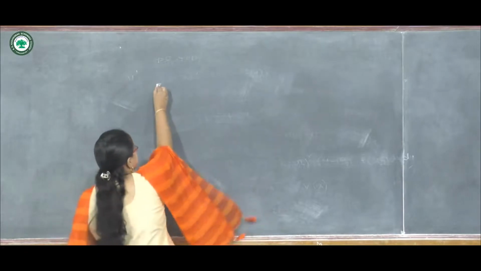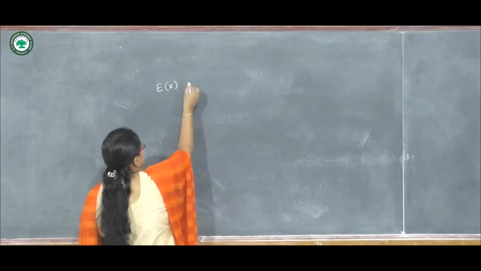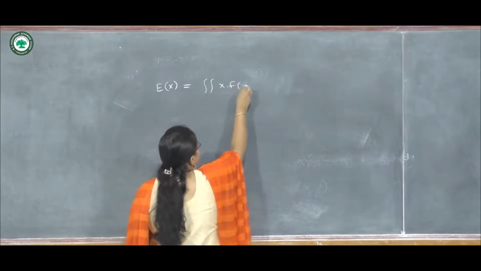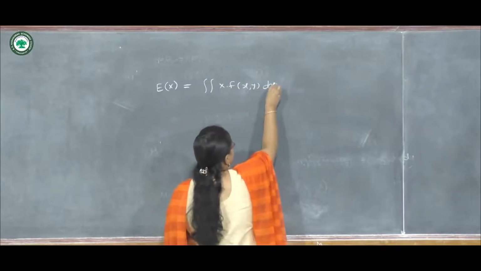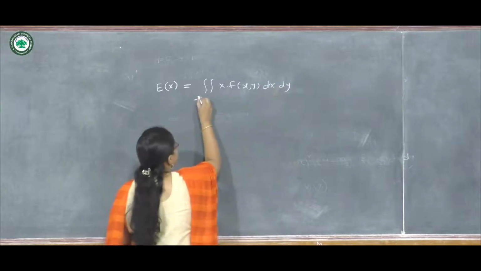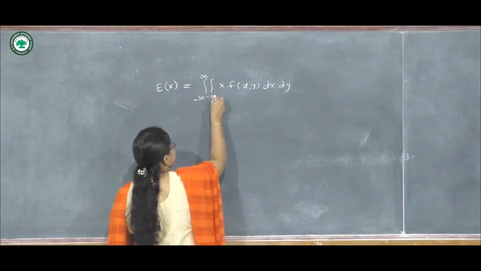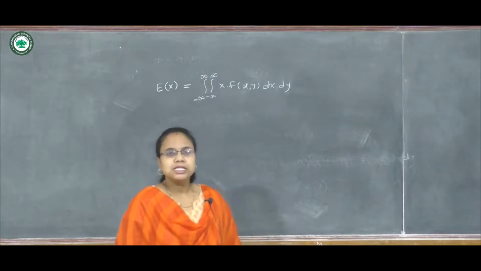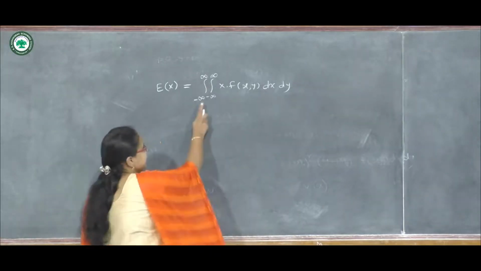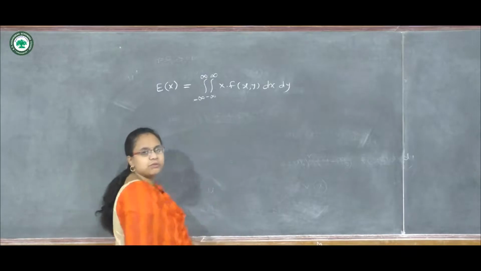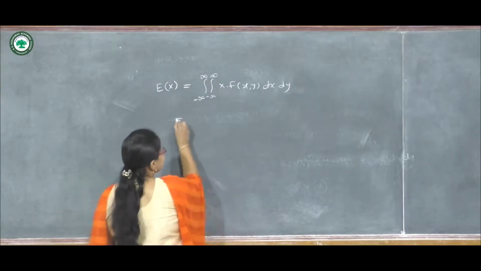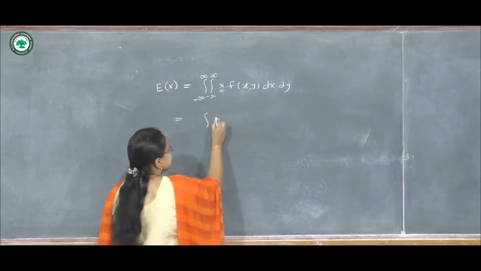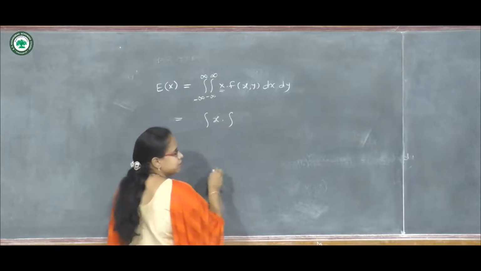Here the expectation of x, its definition is double integration of x into f of xy dx dy. So this can be further solved for simplification. So this is integration for x, this is integration for y. We can take this x as a constant for the integration of y.